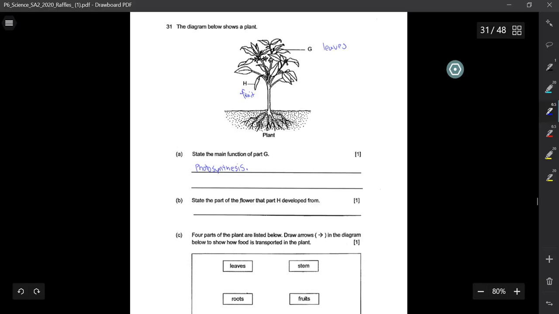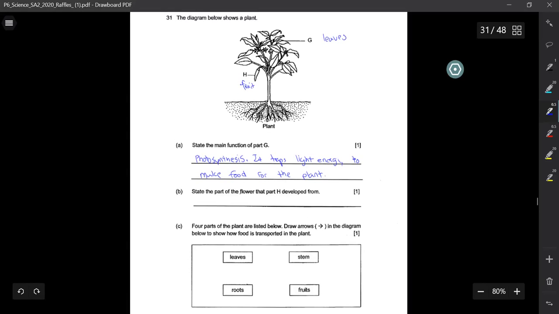And then we write what it does. So photosynthesis, and then we can write what is photosynthesis, in which it traps light energy to make food for the plant, right?